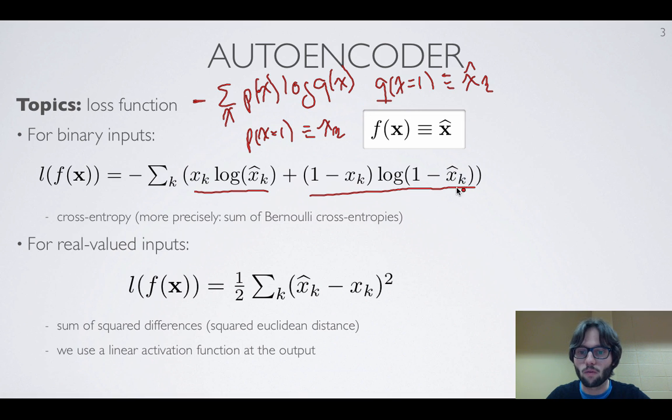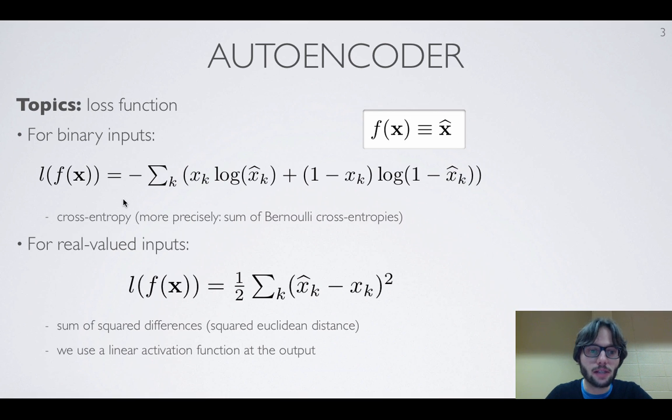So we have here 1 minus x hat k. So essentially we get this form here if we consider the cross entropy between Bernoulli random variables. And then we have a sum of Bernoulli cross entropies because we're summing over all the input elements, so all the dimensions in my input vector. Okay, so that's why we call it the cross entropy loss.